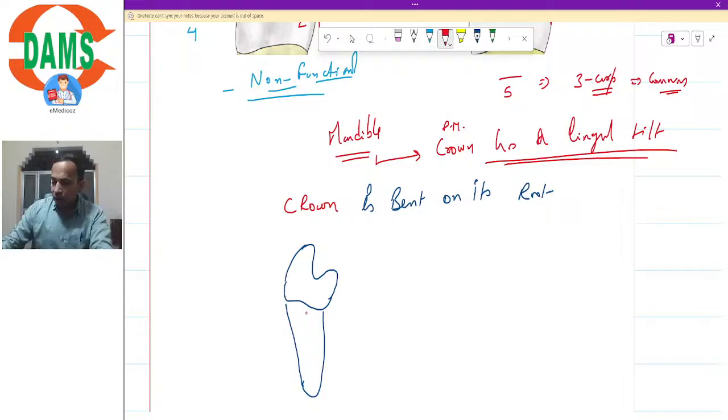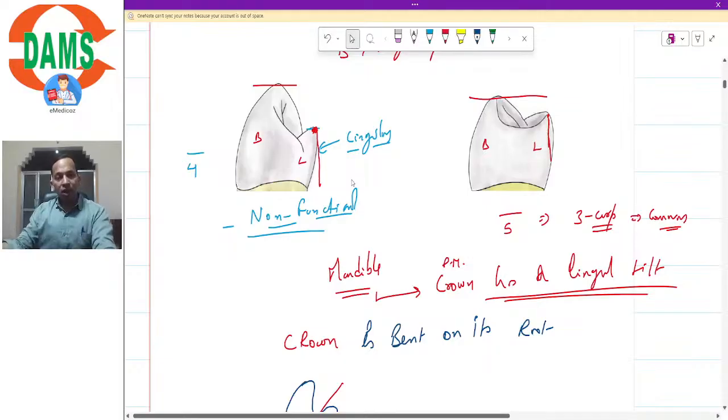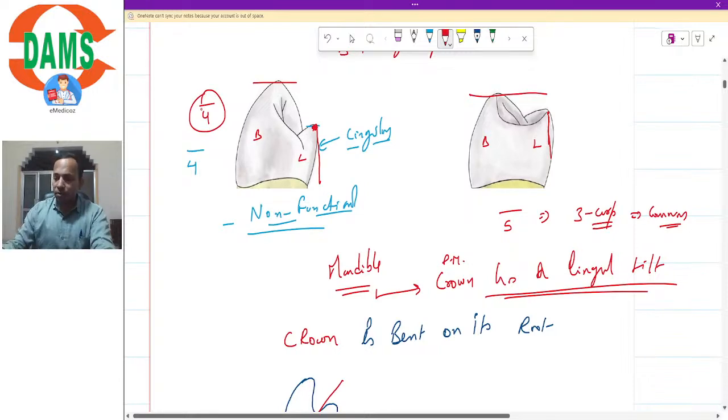So it appears as though the crown is bent on its root, right? That's the reason their lingual cusps are often closer to the crown outline, or beyond the crown outline. So in the case of the mandibular first premolar, the lingual cusp lies outside the crown outline. This is the only premolar where the lingual cusp is outside the crown outline, right?